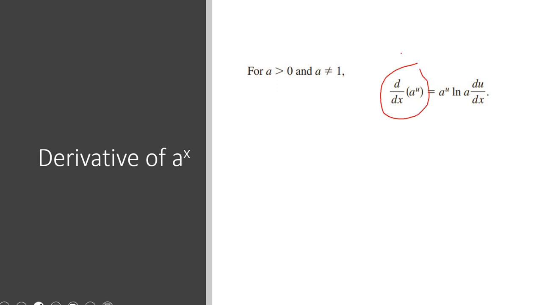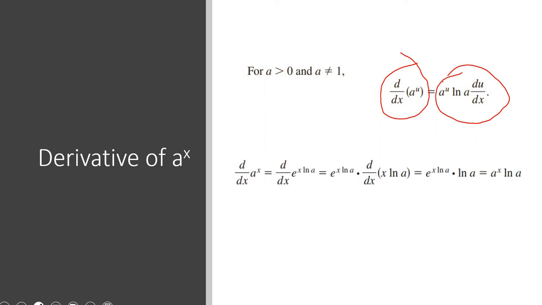Let's say we have a constant a raised to the x and we want to differentiate it. Well, that would look a little something like this on the right-hand side. d/dx of a to the u is equal to a to the u times ln of a times du/dx, which in the case of e would look something like this.